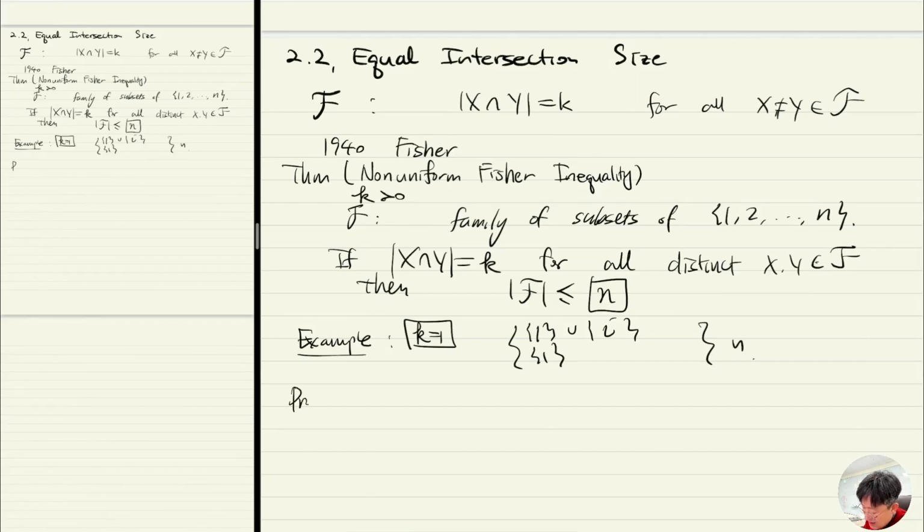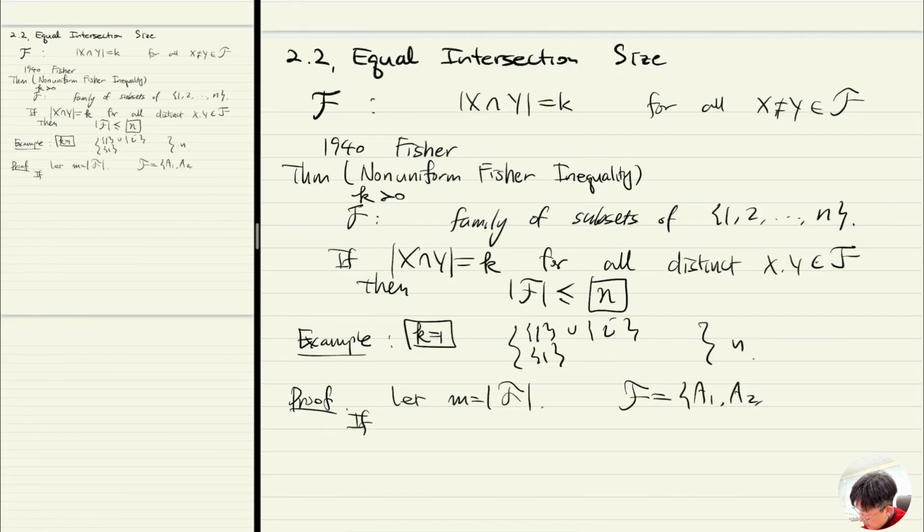And the proof is by using the rank inequality. Remember, in the first video we talked about the oddtown theorem, and this is similar. So let m be the number of members of the set family. Let's just say A1, to simplify.